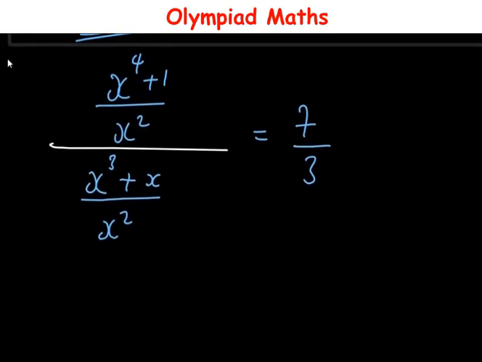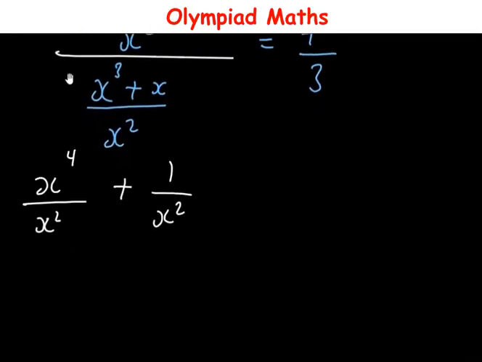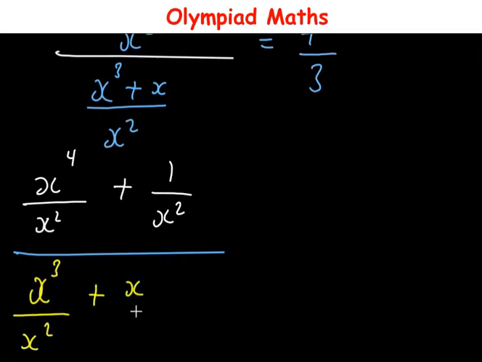This can then be written as x^4 over x^2, plus 1 over x^2, for the numerator, divided by the denominator, which can be written as x^3 over x^2 plus x over x^2. All of this is equal to 7/3.